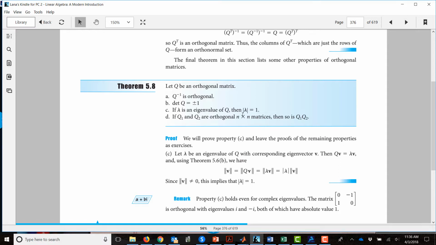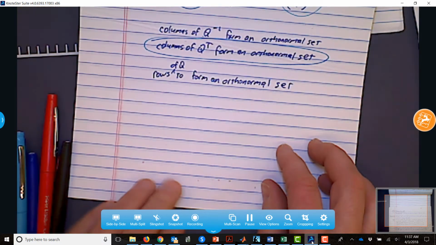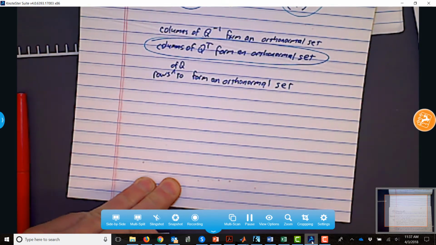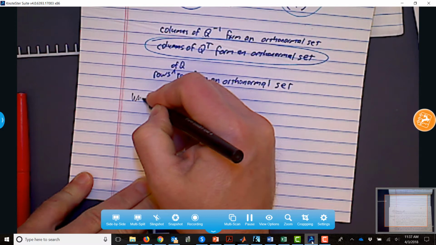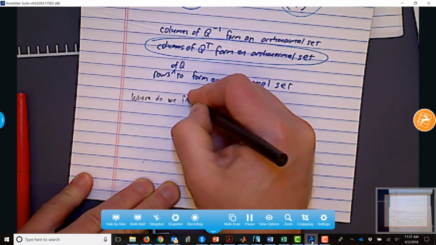Now you have to understand what I mean by that. Because again, where do eigenvalues live? Let me say something about that. Where do we find eigenvalues?